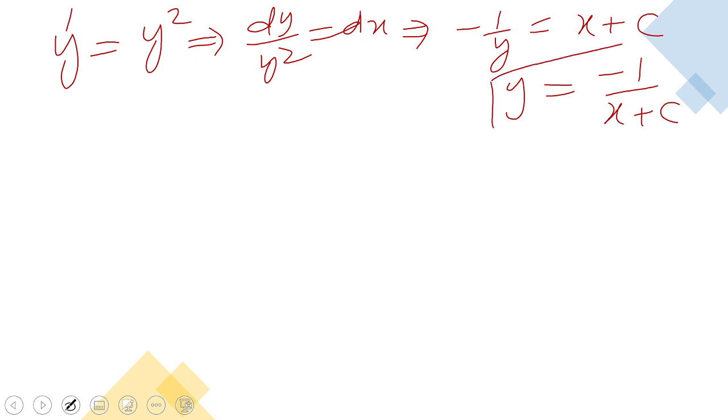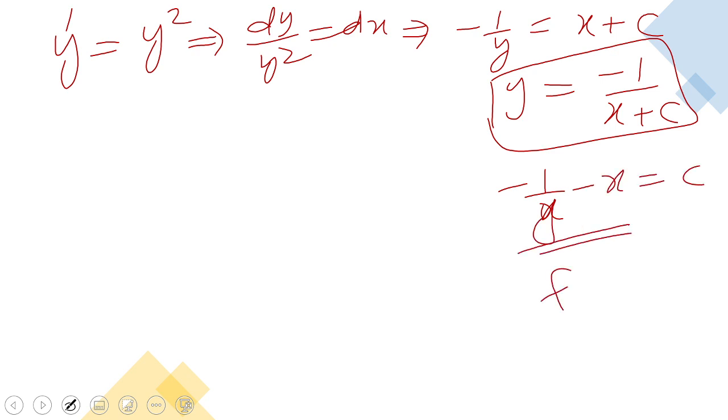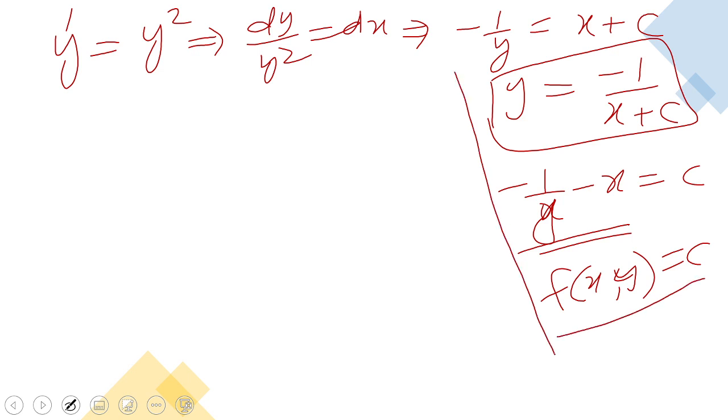This is my answer by the usual procedure of the ODE, and now you see that the constant is minus 1 over y minus x is equal to c. So this is my function f of x y equal to constant, but let's take this as general.